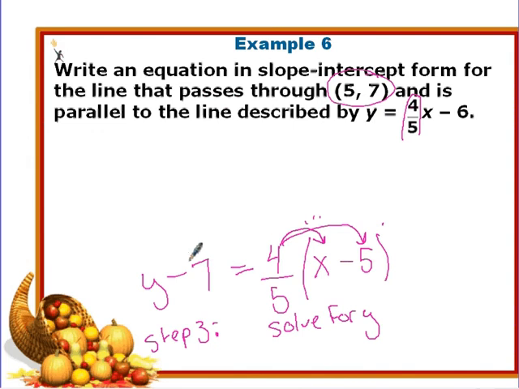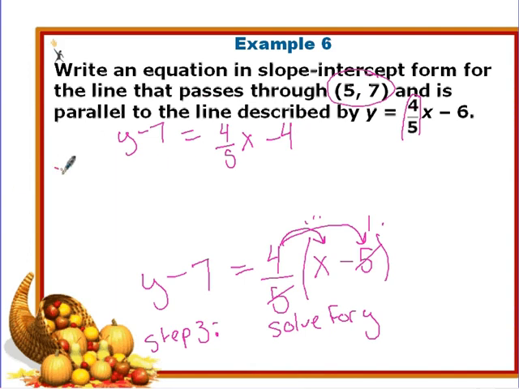So I'm just going to copy my y minus 7 up here, equals, and I'm going to distribute this 4/5 through. So 4/5 times x can just be 4/5 x. And 4/5 times -5, well, these 5's cancel out. So it's just 4 times -1, and so that's -4. If you don't believe me, put it in your calculator.